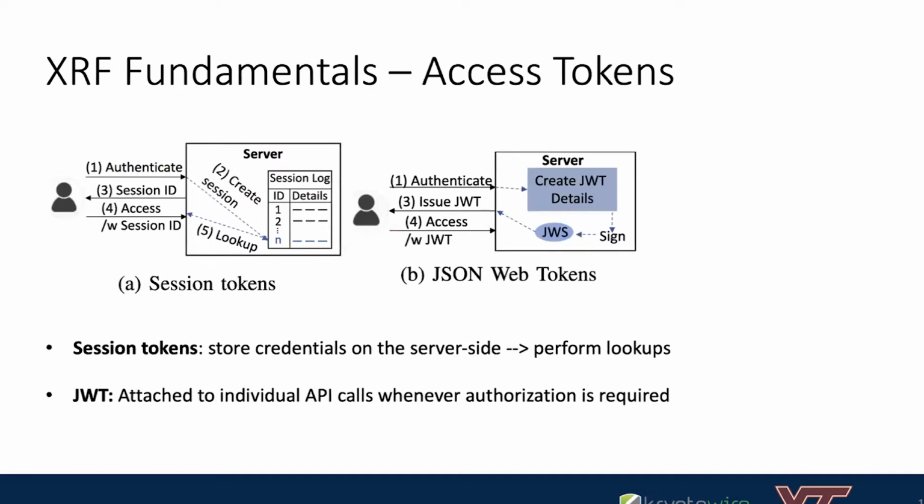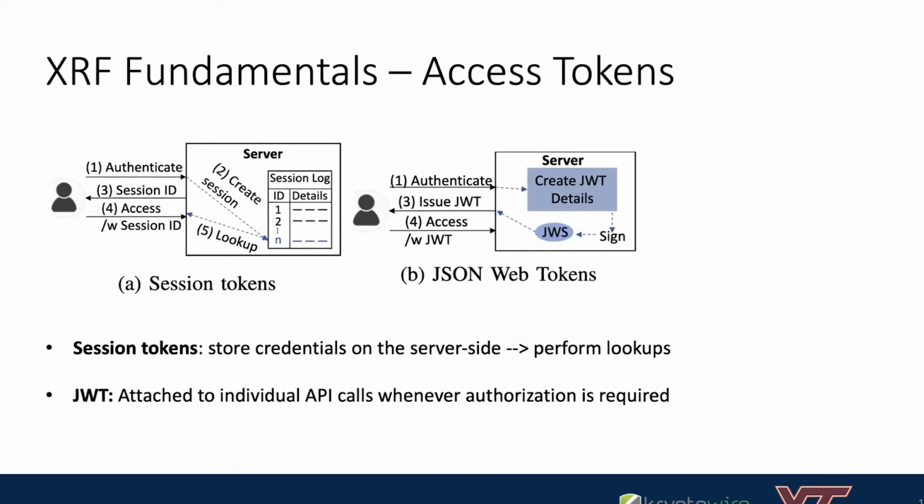These access tokens come in a variety. If you go into your browser and deal with those cookies that we dread so much, what you're really dealing with are session tokens. These are stored in a database, and every time you make an authorized resource request, you go through a lookup, which is really not scalable for this microservice-based XApp O-RAN ecosystem.